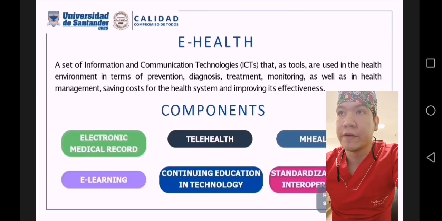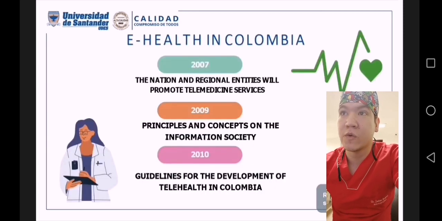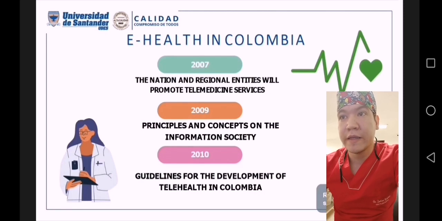Well, historically, in 2007, the national and regional entities promoted the first telemedicine service. In 2009, the principles and concepts on the information society. In 2010, the guidelines for the development of telehealth in Colombia were published.